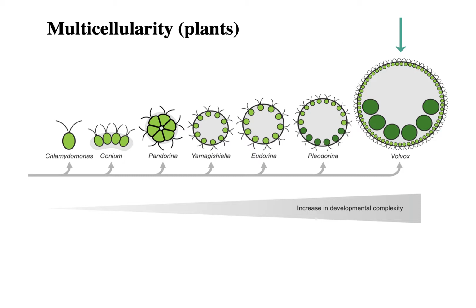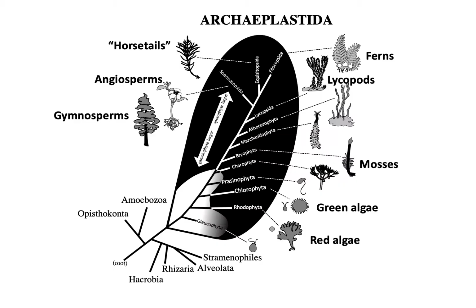So already there's a differentiation of different cell types, and that all takes different genes to actually form each one of those different cell types. Then if you go further within this plant line, here are the unicellular organisms in a light color here, and then multicellular organisms here.